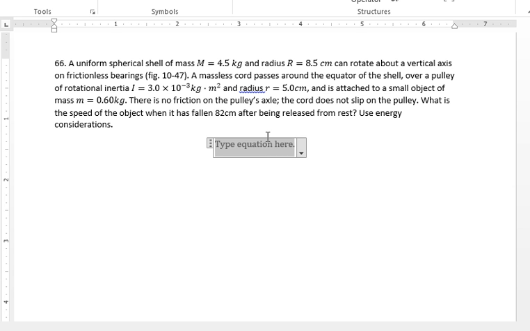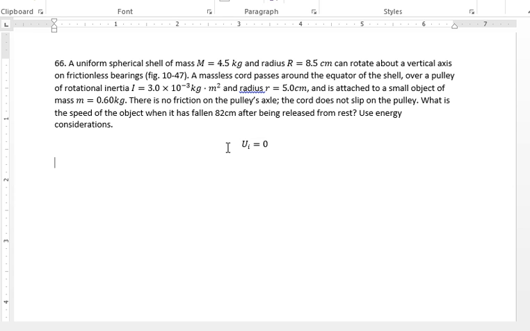Everything's at rest when we start, and we're going to wait until the object falls 82 centimeters. So if we call the initial energy of the system, where it starts out at rest, 0, I'm going to call that 0 because that generalizes the fall.